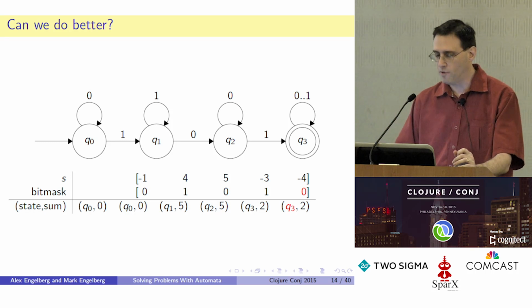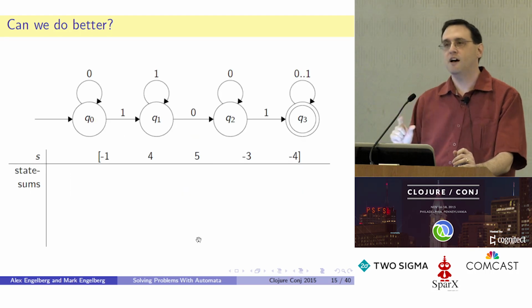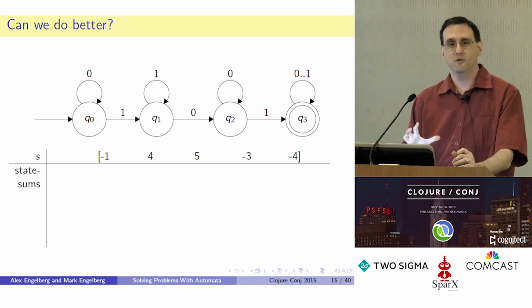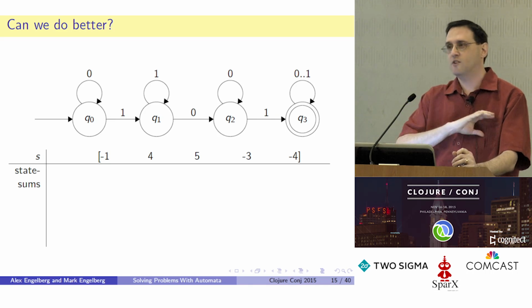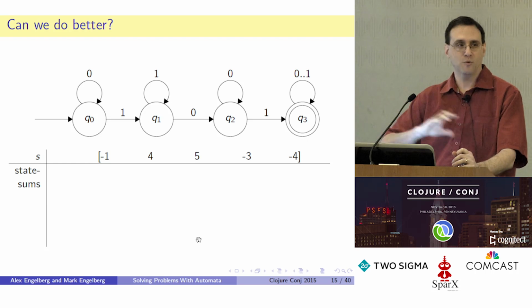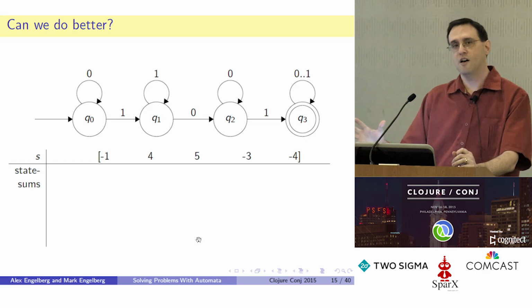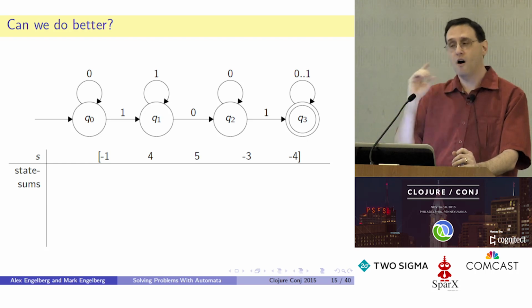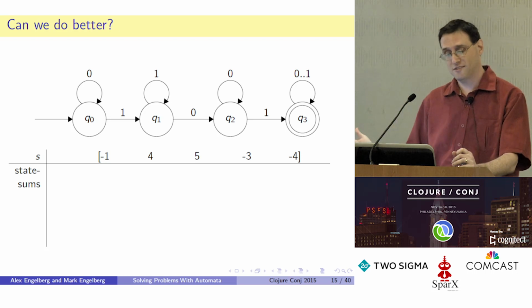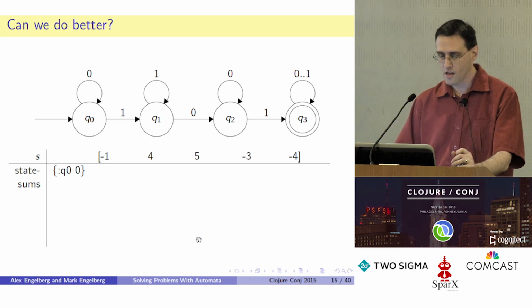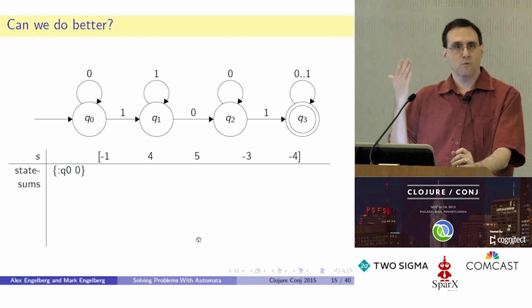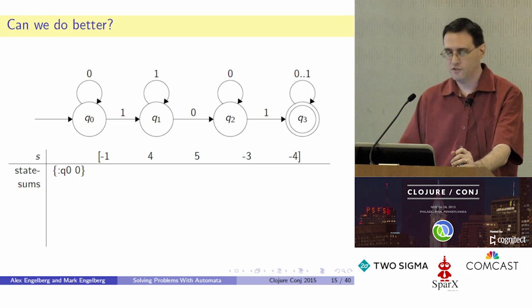Okay, well, how does that help us? It helps us because there's this really cool thing we can do, which is to analyze all possible subsequences and find the maximum sum all at the same time in one pass. And here's how it works. We start off, again, knowing that we're in state Q0 with a sum of 0.